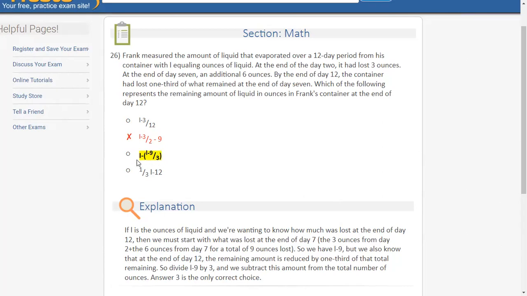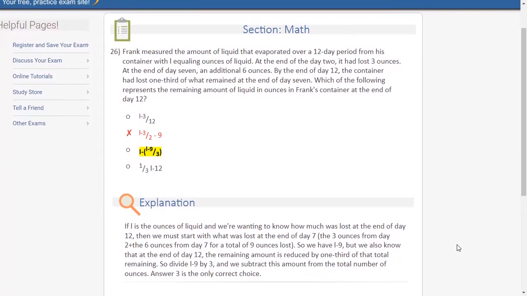So L, the total amount, and L minus 9, the total lost, and that is the remaining, 1/3 of that quantity, one third of the remaining quantity. It's very clear. So L minus 9 divided by 3 is the amount for the 12th day, in this way.